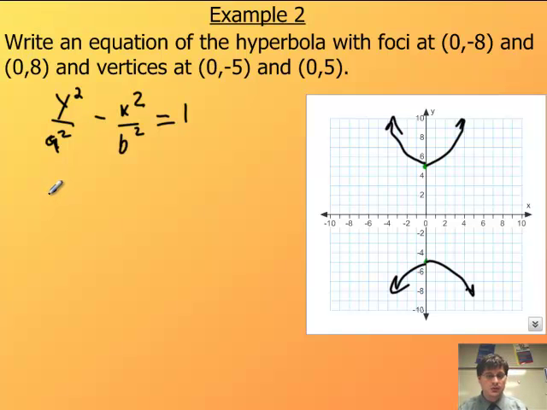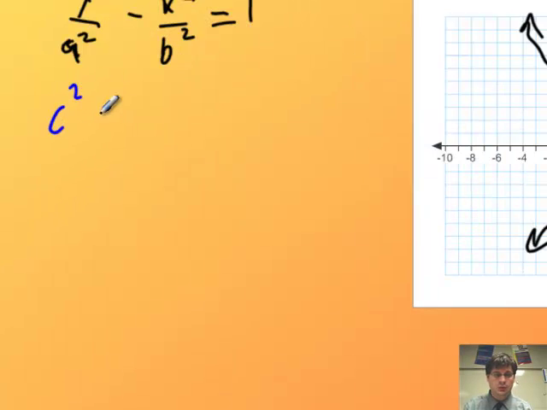So we're given the foci, so we can use the foci and the vertices and the little formula. So using that formula, c squared equals a squared plus b squared, I'll substitute my c value, 8, and 8 squared will give us 64.